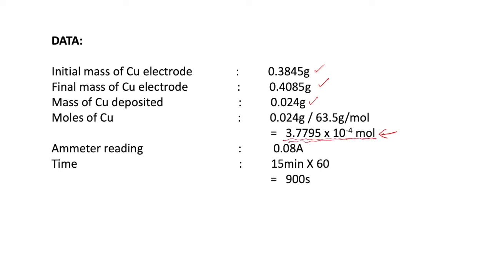Okay, kemudian ammeter reading madam adalah 0.08 A, dan of course I run it in 15 minutes. Do not forget we have to change it to seconds. So we have 900 seconds here. So how can we determine the Faraday's constant? Okay, so bagaimana kita akan buat pengiraan dia? Kita lihat dalam reaction ini, copper is reduced to copper solid.